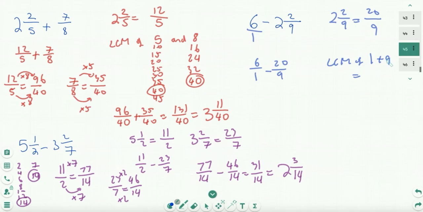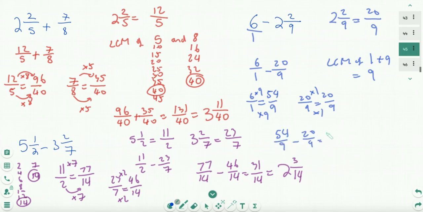Our 9 times table is 9, 18, so 9 is in both lists. So we'll do 54 over 9 minus 20 over 9 equals 54 minus 20 is 34 over 9.